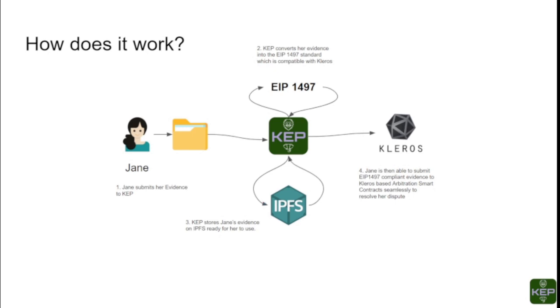Jane is then able to submit her evidence to her dispute using KEP, and then she's able to have a tally of all of the disputes that she has submitted evidence to and what evidence is associated with which disputes, as well as an overview of the different types of cases that she's been working with on KEP.